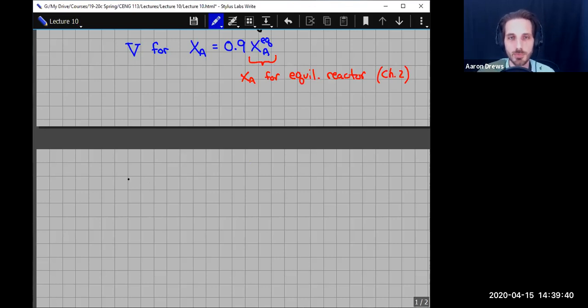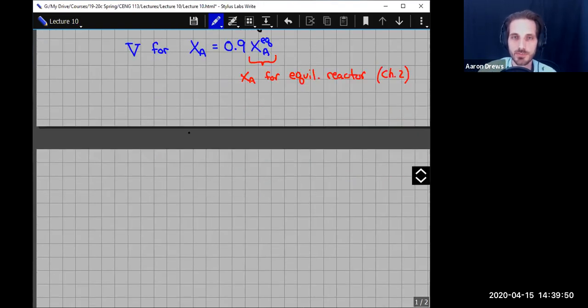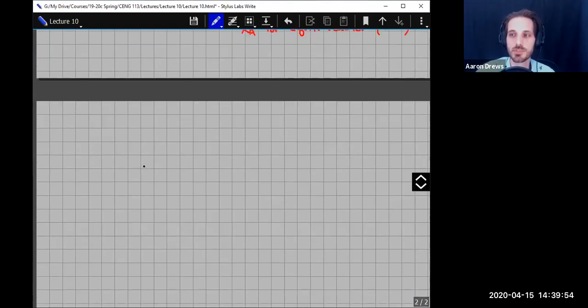This one is also set up a little bit differently because now we will essentially know what X sub A is, but we won't know what V is. And so we can turn the whole procedure around from our previous part of this problem, and solve it in the opposite direction, which is why I chose this as an example. And so let's do the very first part here, which is set up our equilibrium reactor.